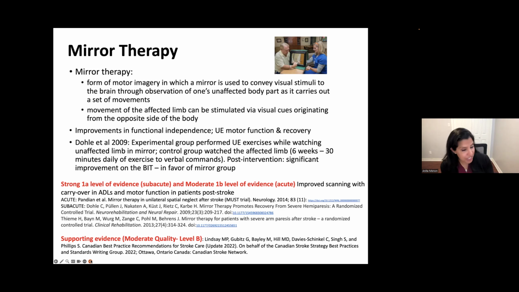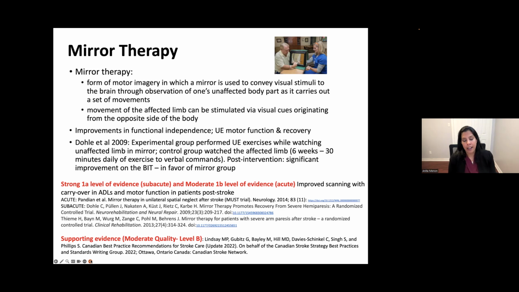But what we found in these groups of clients that had received mirror therapy is that when they were doing upper extremity exercises while watching their unaffected limb in the mirror, the group that received the mirror therapy actually had improvements in the BIT as well. There were greater improvements on the BIT as compared to those who did not receive mirror therapy. So that's where we saw that mirror therapy can have benefits to other areas of function, not just motor function.